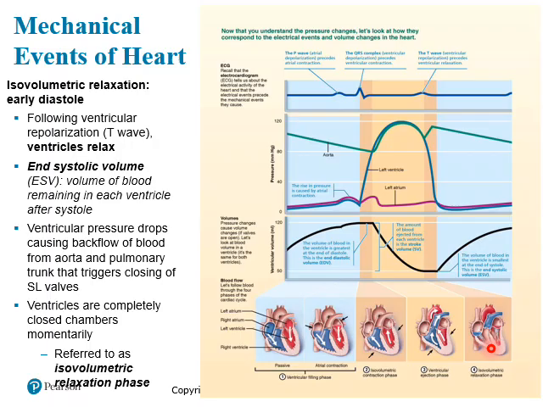The ventricular pressure drops, causing a backflow of blood from the aorta and the pulmonary trunk that triggers closing again of the semilunar valves. The ventricles are completely closed and momentarily relaxed, and this is your isovolumetric relaxation phase.